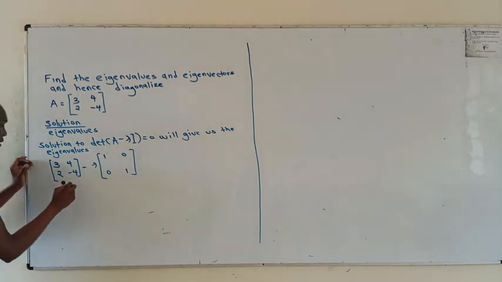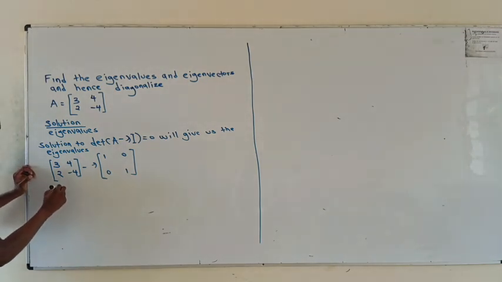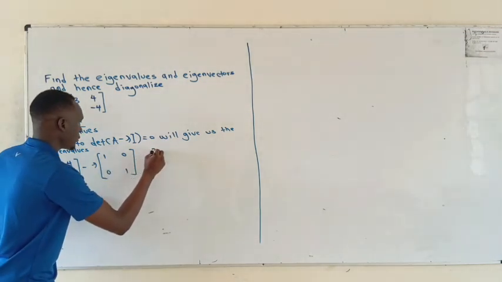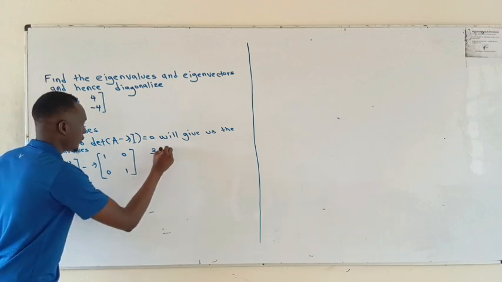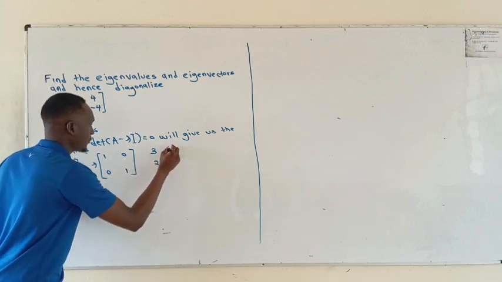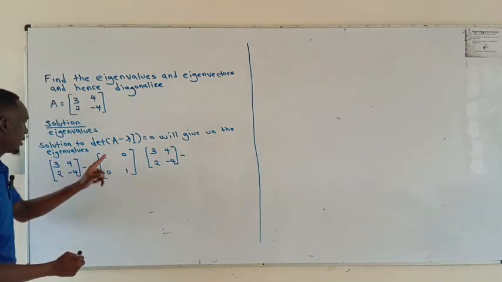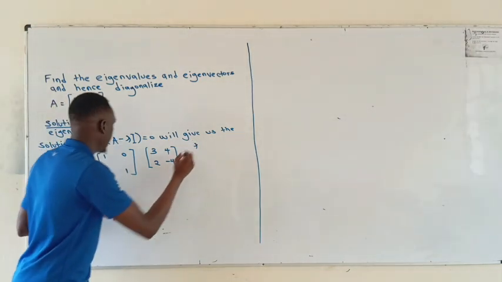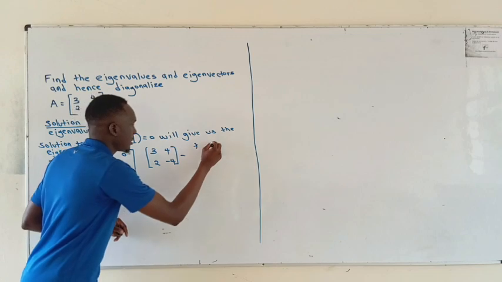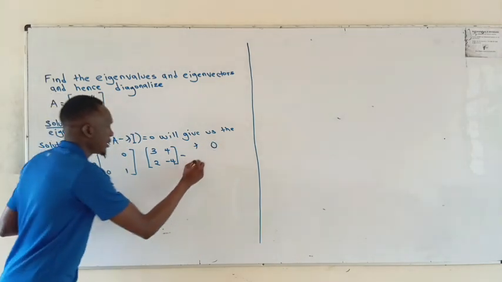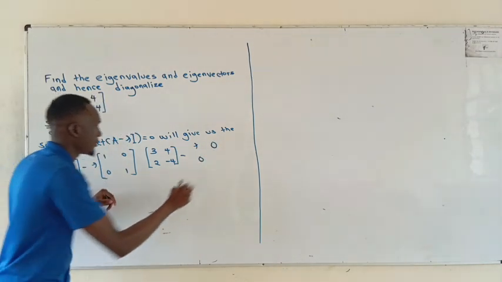So we find that this will be equal to 3, 2, 4, negative 4, minus lambda times 1 is lambda, lambda times 0 is 0, lambda times 0 is 0, then lambda times 1 is lambda.